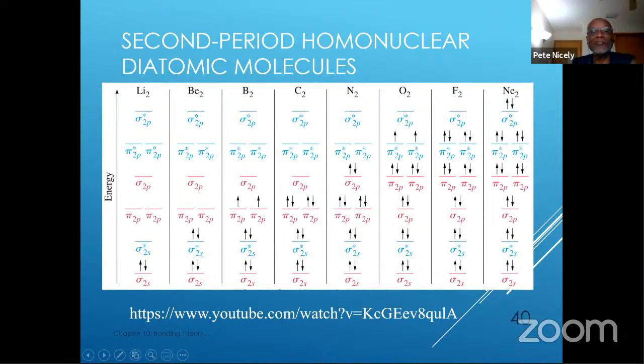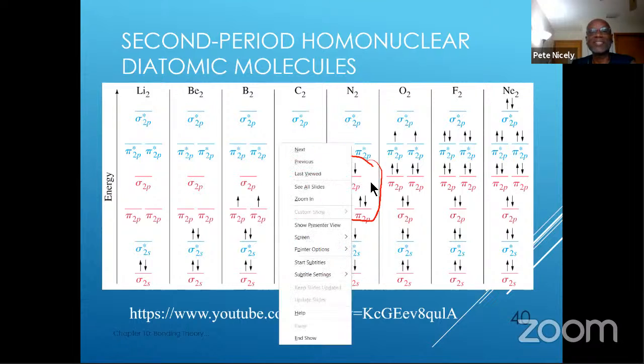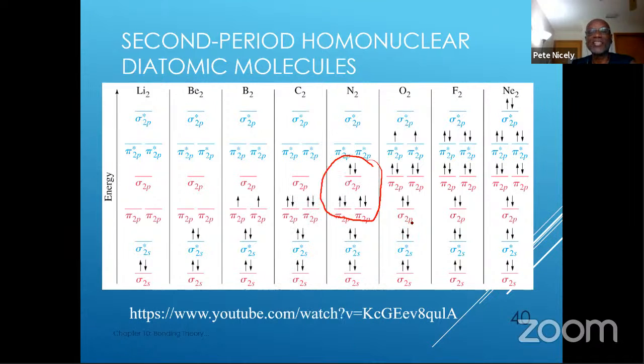Now, the order of the orbitals is identical from lithium to nitrogen. But when you get to oxygen, what you'll notice is that in the case of these 2 sets of orbitals, they're flipped, all right? And there's a reason for that, which I won't go into right now, but basically the sigma 2p orbital that is present in the nitrogen will be of a lower energy in the case of oxygen, and the pi 2p orbitals will be of a higher energy.